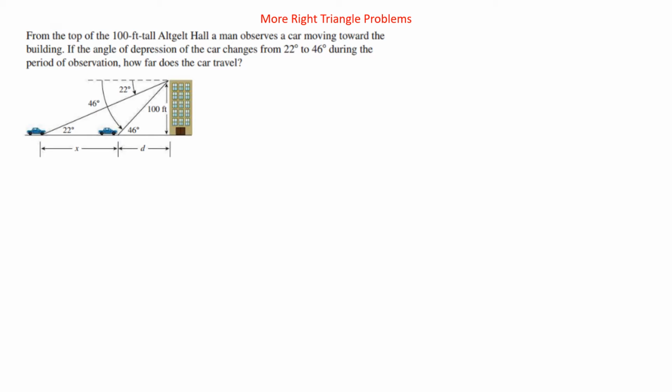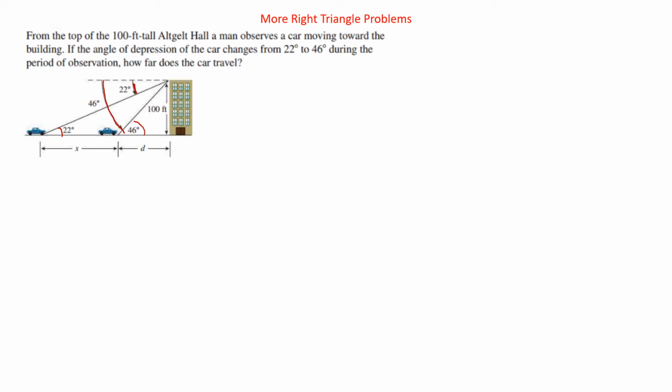So here we have the picture. But the angle of depression changes from 22 degrees, and it gets to 46 degrees, which means we have 22 degrees and we have 46 degrees. And we're looking for x. So we can write two different trig functions here.